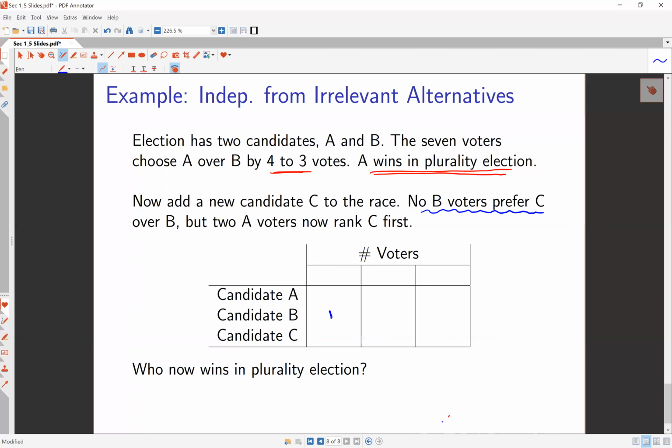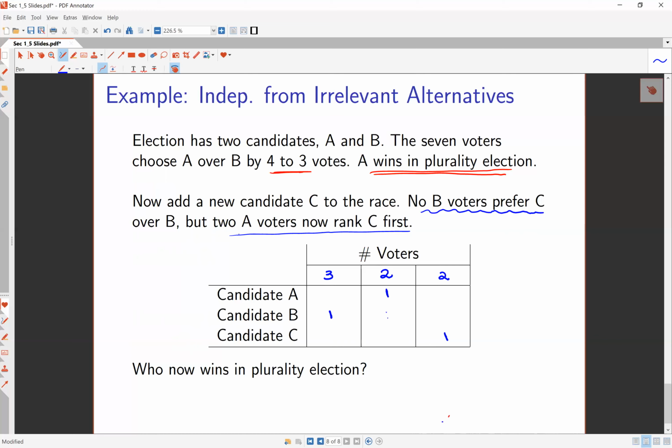And then we had the voters who had A as their first choice. And then, of course, C could also be the first choice. So of the voters who had A first, 2 of them now rank C as their first choice. The remaining 2 still rank A as their first choice. And 3 rank B as their first choice.